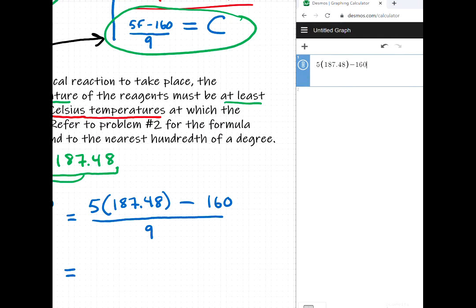Let's actually put the whole numerator in parentheses. So I'll put a parenthesis there and a parenthesis there. Okay, so that's the whole numerator of the fraction. And then we'll divide that, so backslash, divide that by 9.